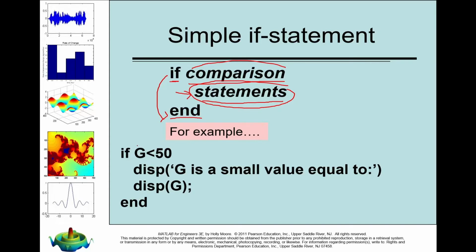If G less than 50 is the comparison, and following the comparison are the statements.